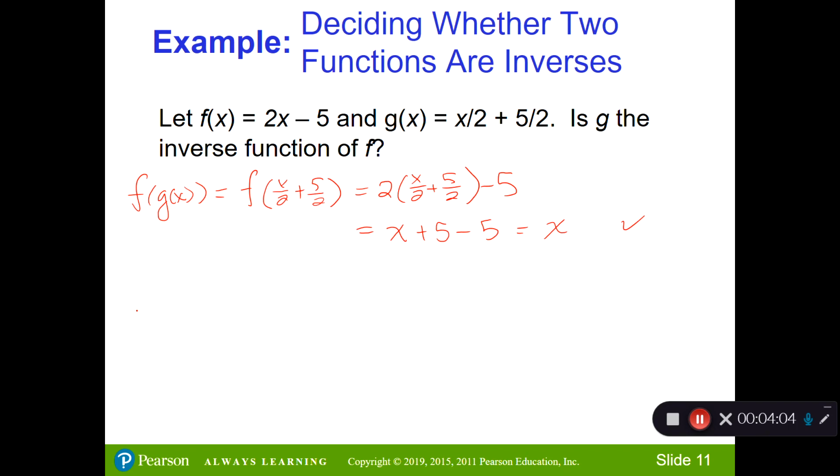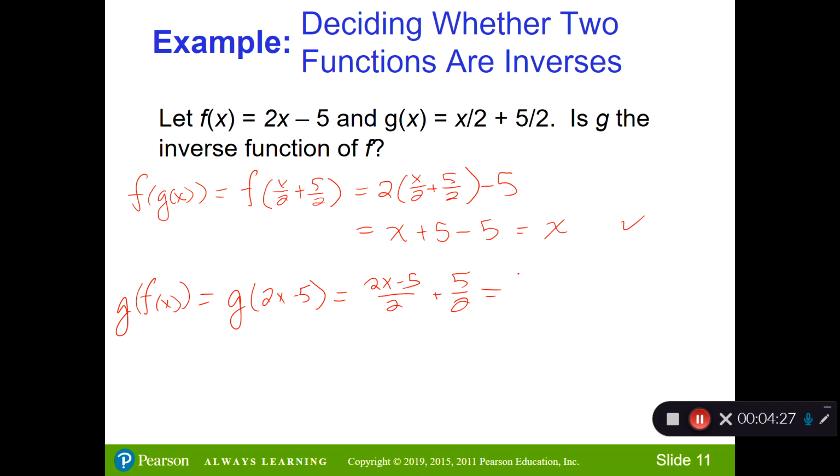Now let's check the other direction. So we go g of f of x. So everywhere in g that I have an x, I'm going to replace it with 2x minus 5. So we're going right here and replacing this x with 2x minus 5 over 2 plus 5 over 2, finishing off this function. So go ahead and simplify here.